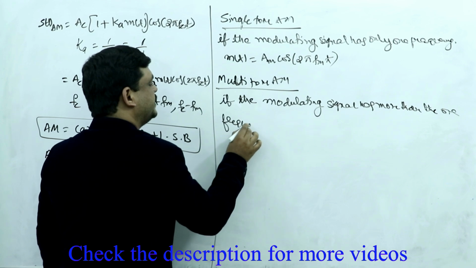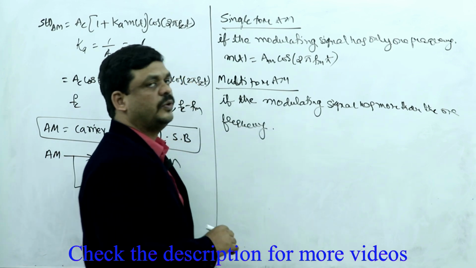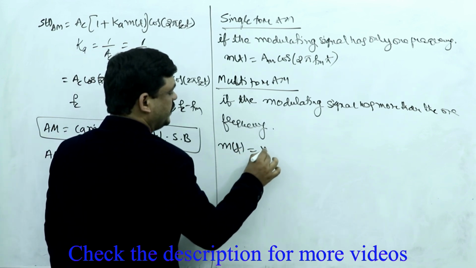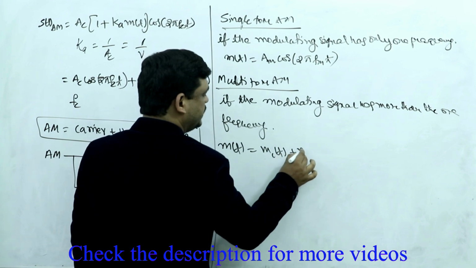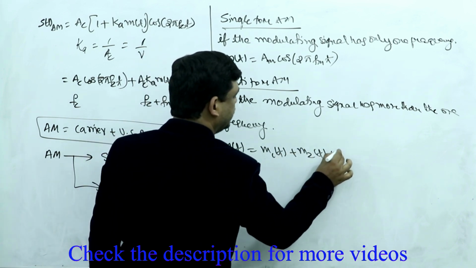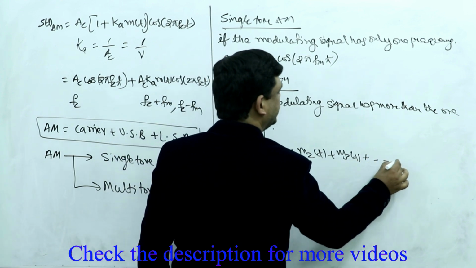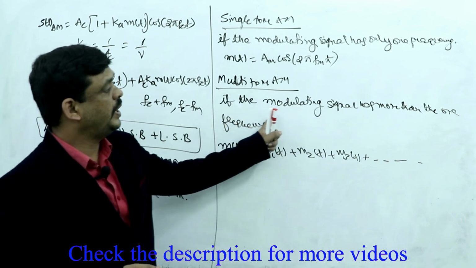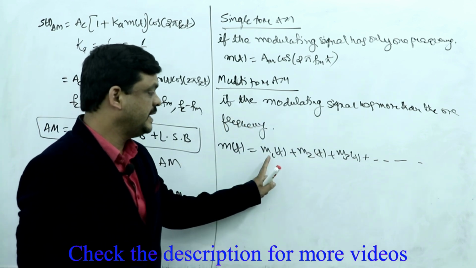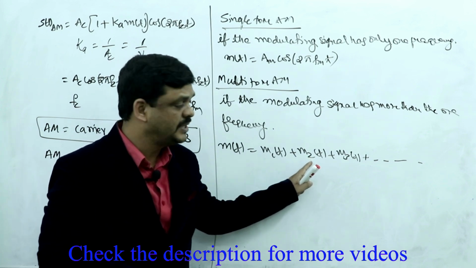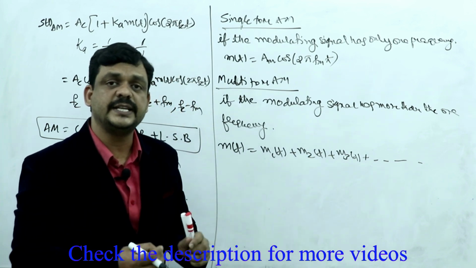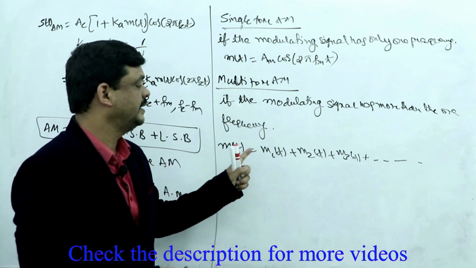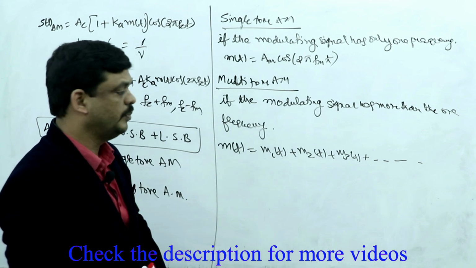So the signal is like this: m of t equals m1 of t plus m2 of t plus m3 of t and so on, depending on the number of information signals. This signal consists of one frequency, this signal consists of another frequency, and this signal consists of another. Each signal has a separately defined frequency. When more than one frequency is defined, the modulation process is called multi-tone modulation.